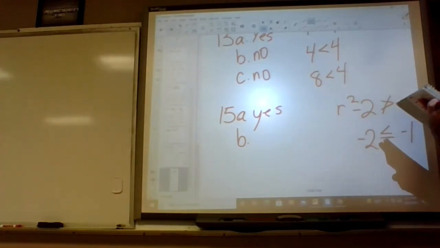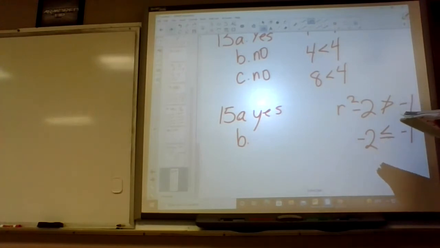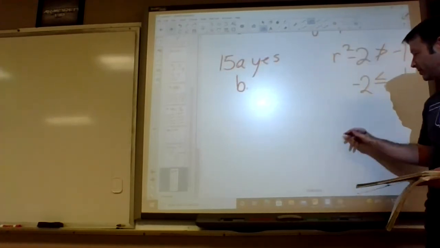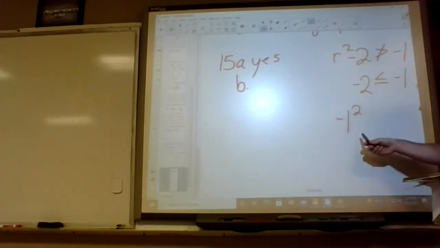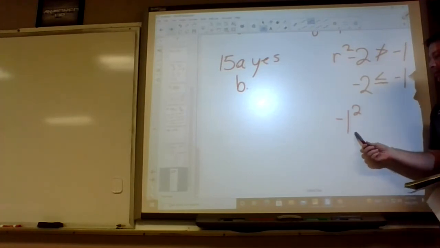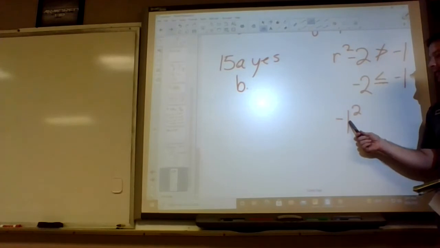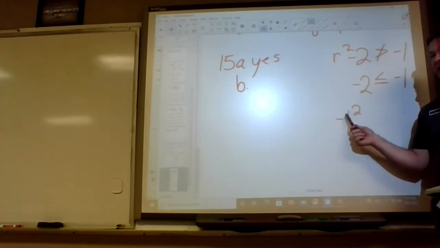Okay, 15B. If you plug this in your calculator, you would get this wrong. It'll come out as negative 1, because it'll do 1 squared and then it'll add the negative 1.